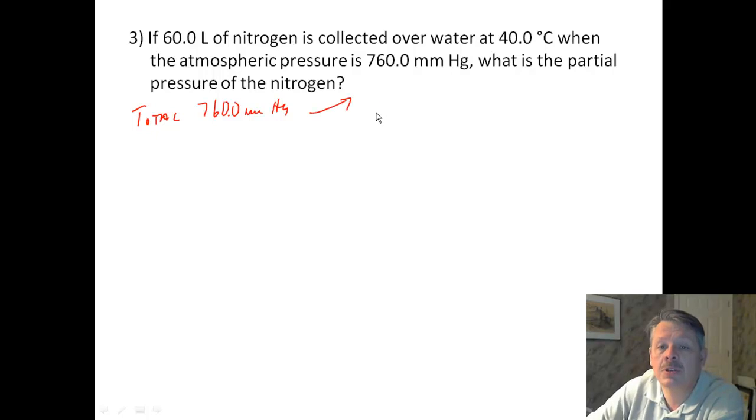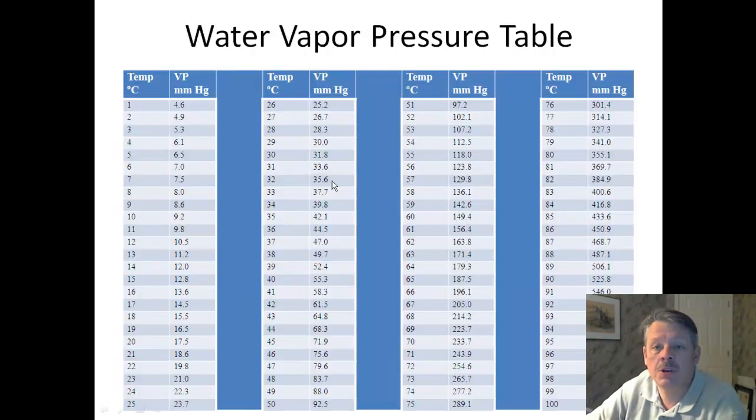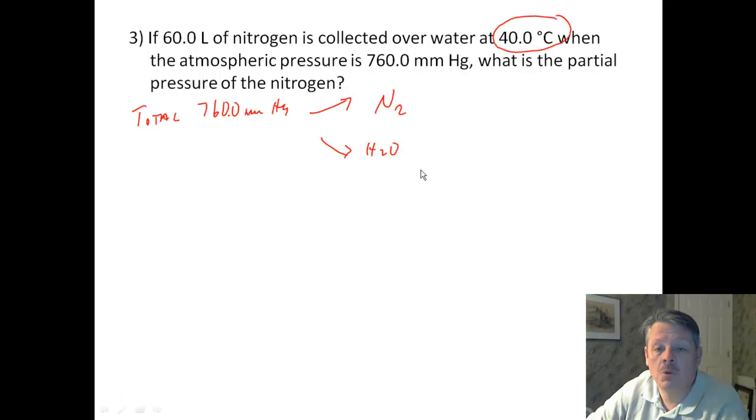Well, how do we know how much is water? Well, we notice it's 40 degrees Celsius. So we go to 40 degrees Celsius on our vapor pressure table, and that says 55.3 millimeters of mercury is the water.